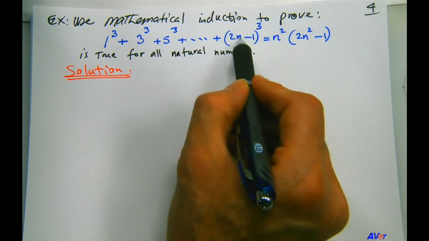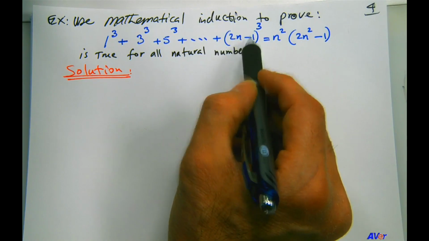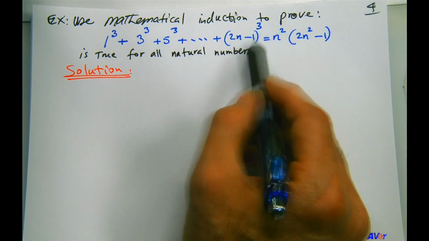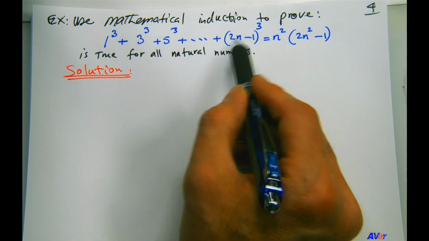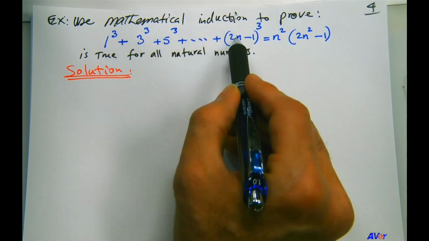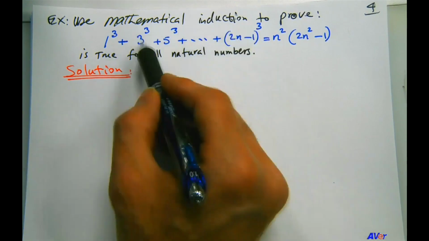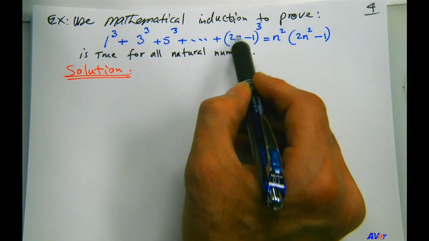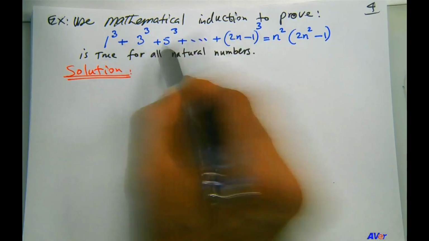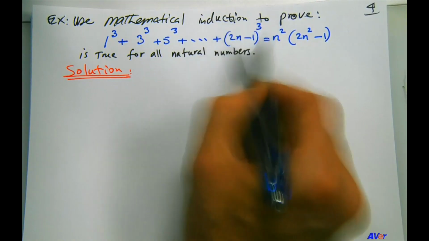So 2n, 2 times 1 minus 1, 1 cubed is that. Then plug in for n with 2, so 2 times 2, 4 minus 1, 3 cubed. For 3, that would be 2 times 3, 6 minus 1, 5 cubed. So these three are the first few terms of this expression.